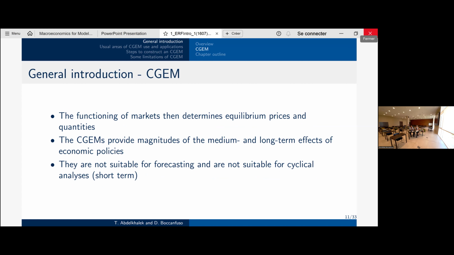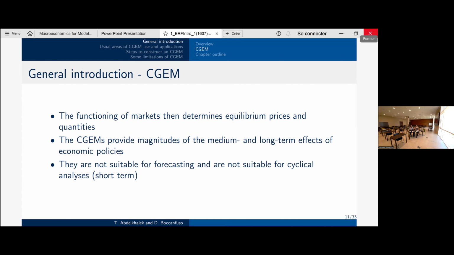A feature of the CGE model is that we can determine quantities on each market and equilibrium prices. All this can be determined simultaneously because we are in a general equilibrium framework. So when we do a simulation with a CGE model, this provides us with a medium-term or long-term effect.